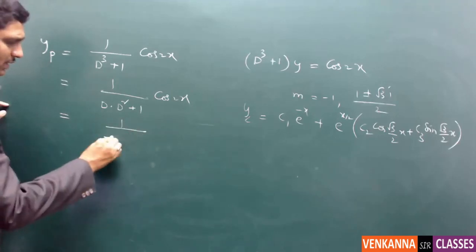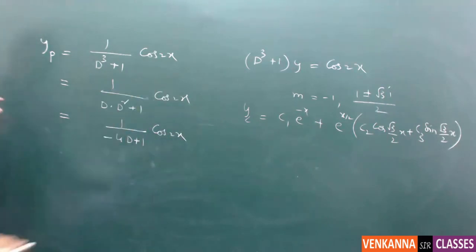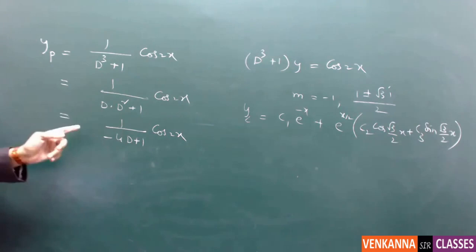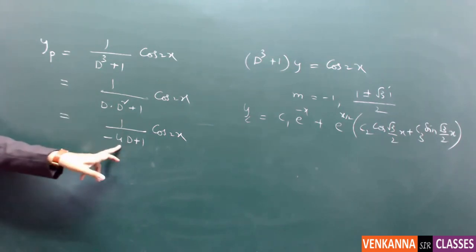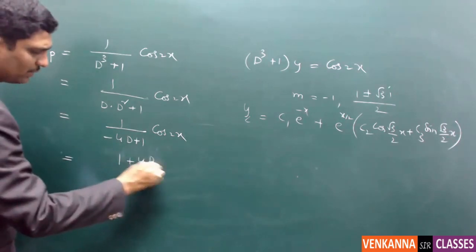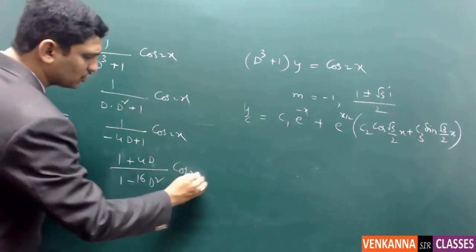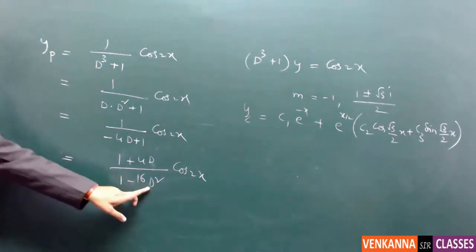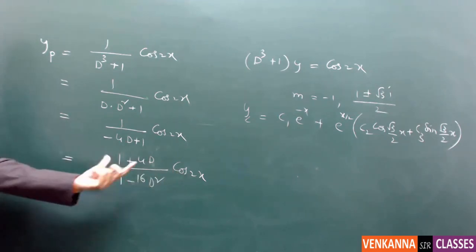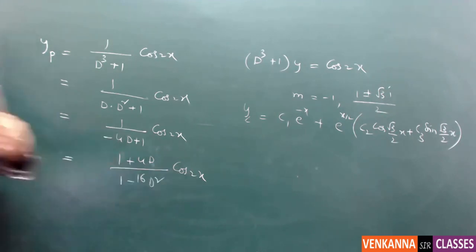So 1 by minus 4d plus 1 into cos 2x. Now you rationalize to get d square in the denominator. So this will be 1 plus 4d by 1 minus 16d square into cos 2x. Now we replace d square with minus 4, apply the numerator 1 plus 4d to the function cos 2x and evaluate the answer.